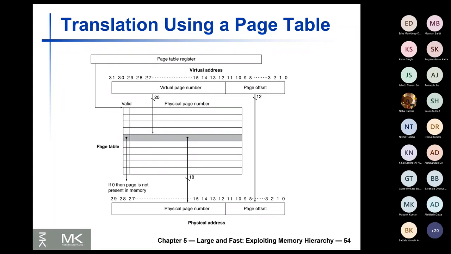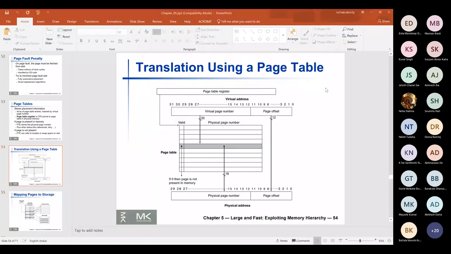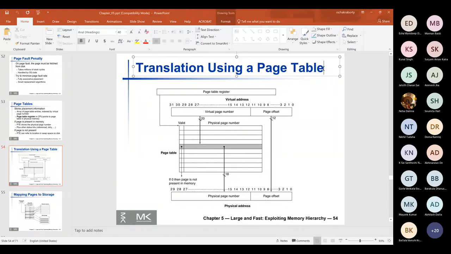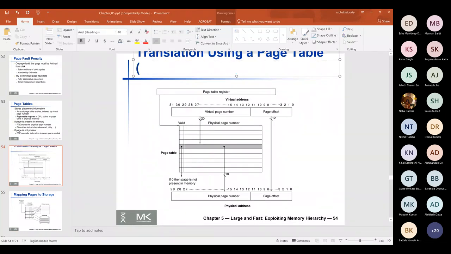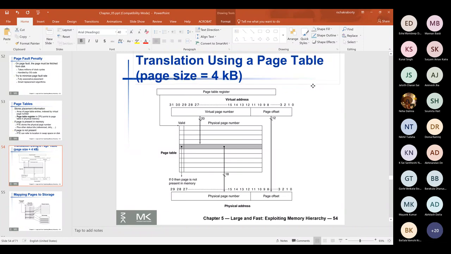How does the page table work? Well, it has rows. The row index is a 20-bit virtual page number in this case, because you have decided that the page size is 4 kilobytes.